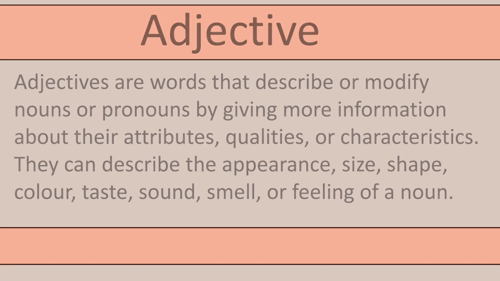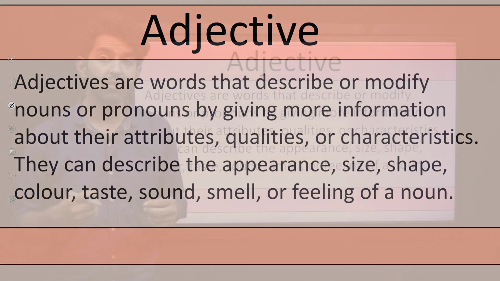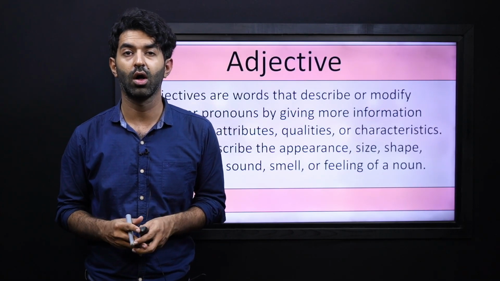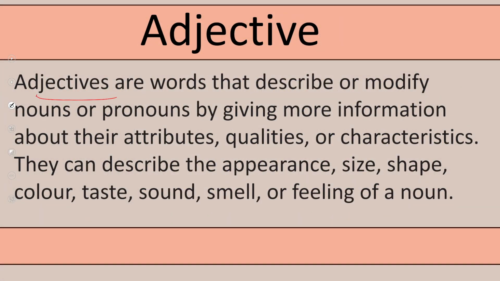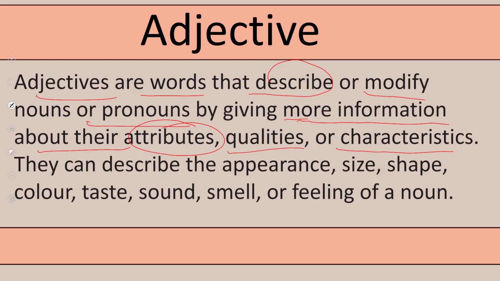Good. Now, students, let's do a very quick recall of what adjectives are. Adjectives are words that describe or modify nouns or pronouns by giving more information. Yes, we require more information about the attributes of nouns or pronouns, the qualities, characteristics.